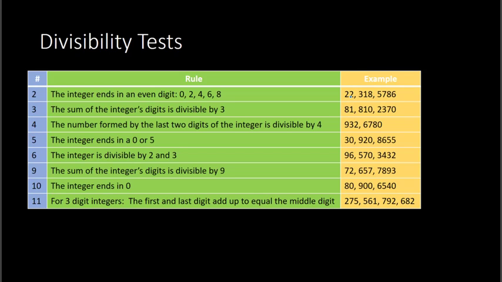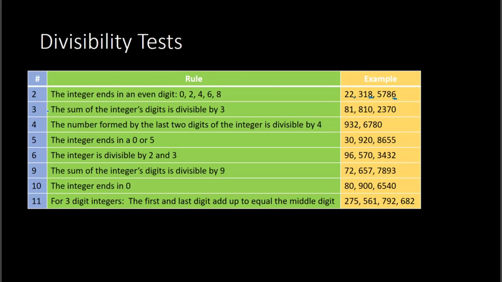For example, 22, you can divide by 2 because the last digit is a 2, and that is even. So therefore, you can divide the whole number by 2. 318, the last number is an 8, which is even, so the whole thing can be divided by 2. Same thing with 5,786. The last number is a 6, which is even, so therefore, yes, you can divide by 2.